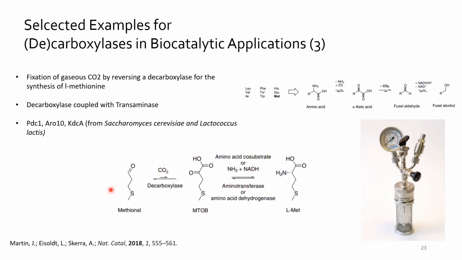So they used methional as a very cheap starting material, carboxylated it towards this KMBA intermediate, and then they coupled the whole system with a transaminase to produce L-methionine, which is quite nice because nature is actually doing it in a much more complicated way with many more steps. So it was a very nice proof of concept.